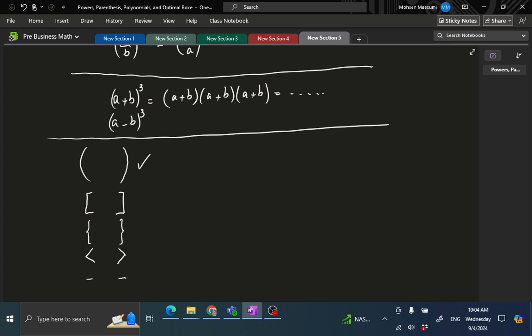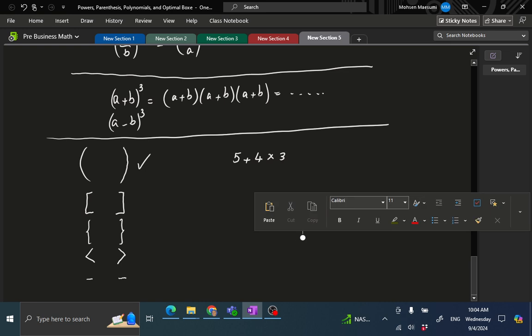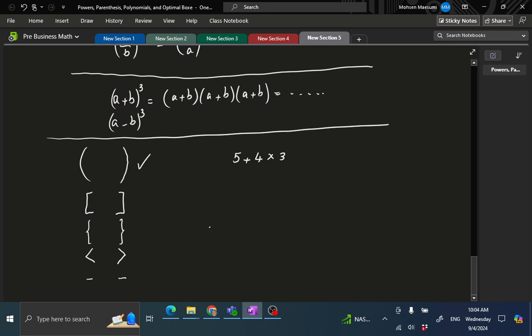Now let's take a look at the mathematical side of this to see what the discussion is all about. Suppose I write 5 plus 4 times 3. How do we understand this? There are two ways of interpreting it. One is to say that I add the 5 and 4 first, and then I multiply by 3.